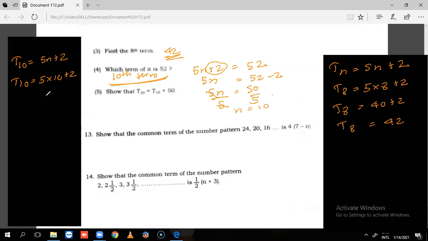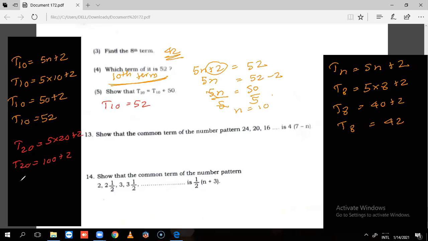T10 equals 50 plus 2. T10 equals 52. We found T10, 52. Now let's find T20. T20 equals 5 into 20 plus 2. T20 equals 100 plus 2. T20 equals 102.